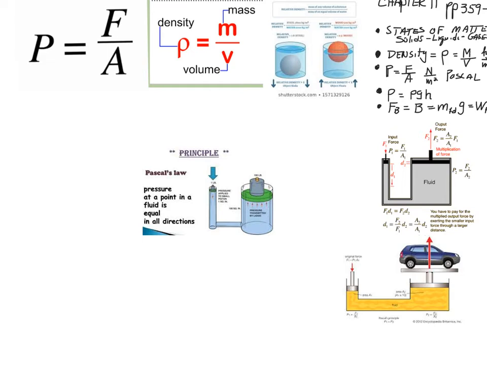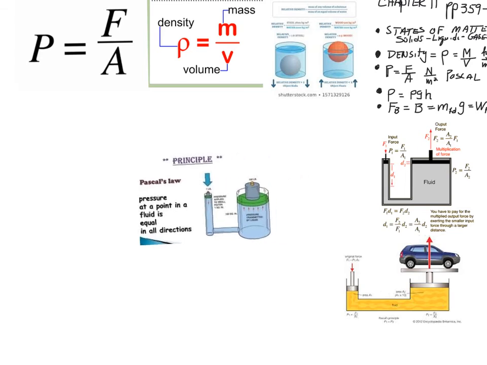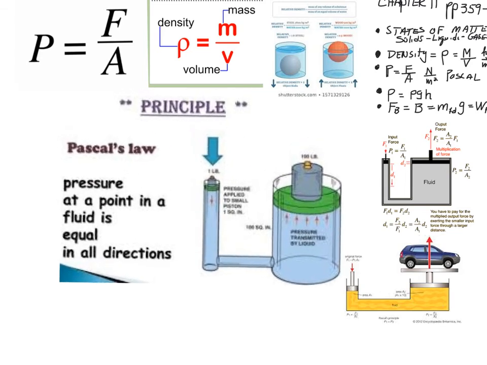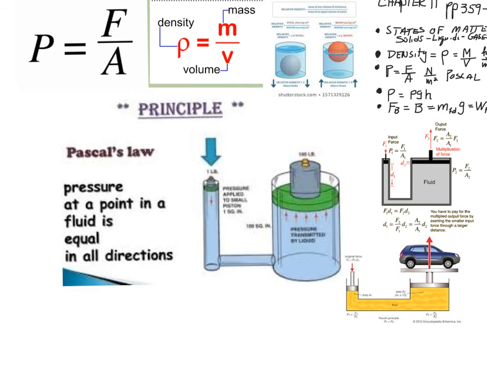There is a section in the textbook on this. So what Pascal's principle says is that if the pressure in a fluid is increased, if you increase the pressure of the fluid anywhere, that pressure increase transmits through the fluid.